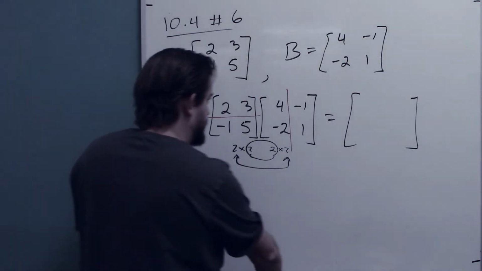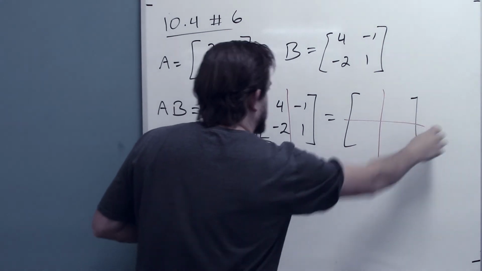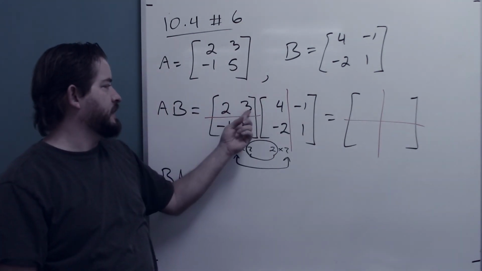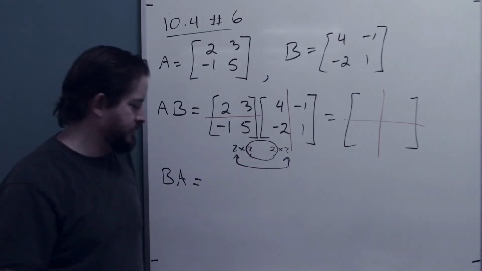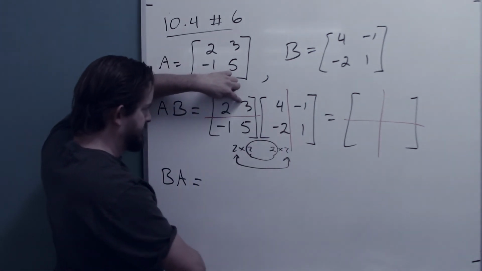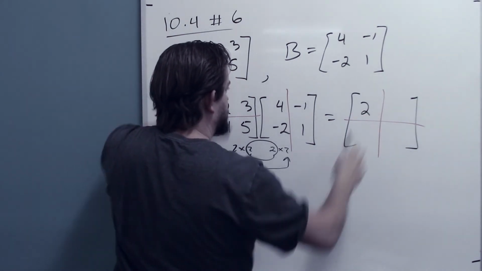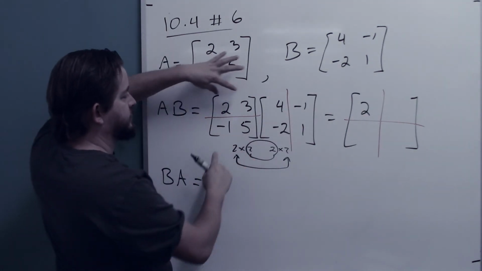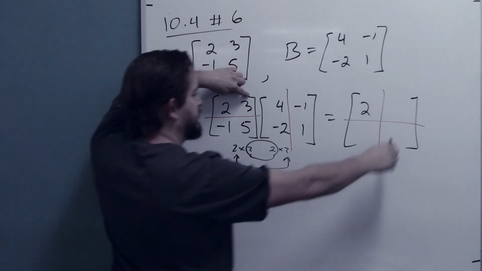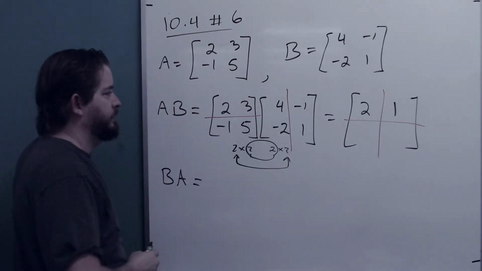Since it's a 2 by 2, it's going to have 4 entries. The top left is the result of the top being multiplied by the left, so that is 8 minus 6, which is 2. The top right is the top multiplied by the right, so that's -2, +3, that's a 1.